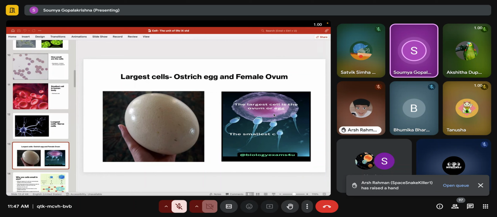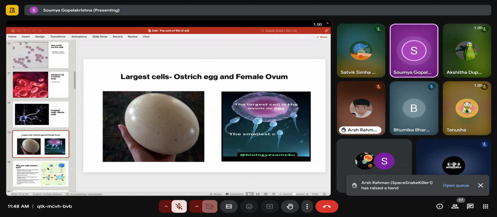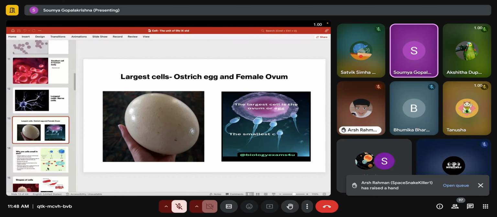Otherwise, sperm and our red blood cells are the smallest. So largest is the ovum, and the nerve cell is either the largest or the longest. Is this much clear to everyone?